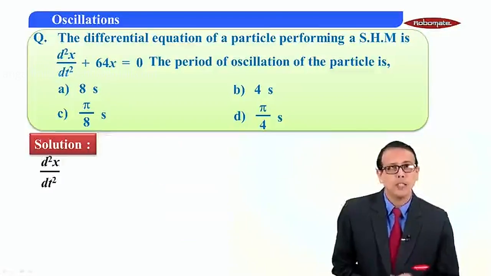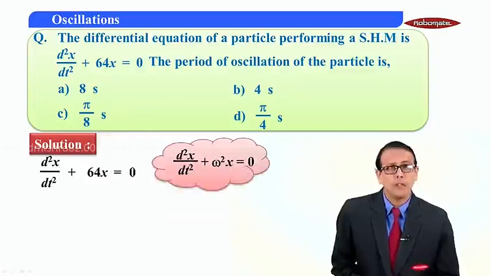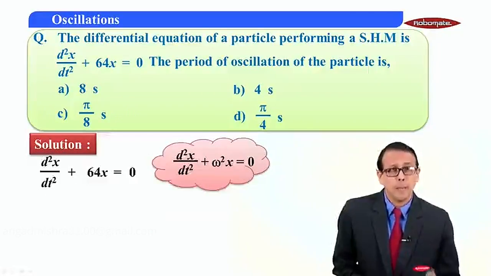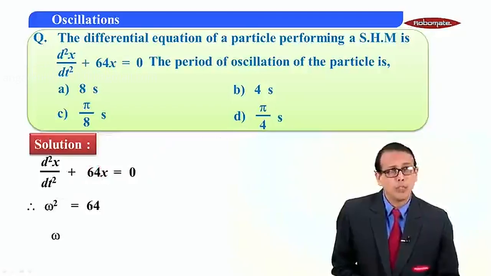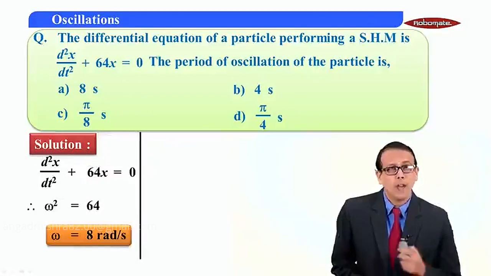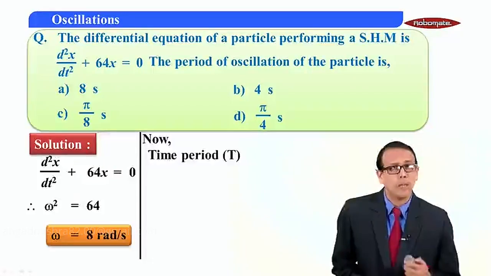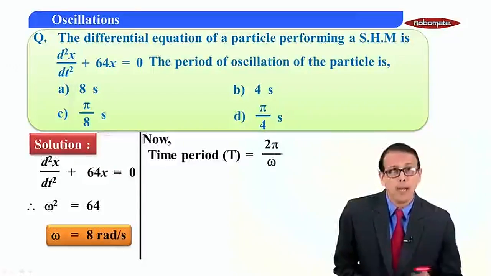So the solution starts. The given differential equation is d square x by dt square plus 64x is equal to 0. And comparing with the standard form I get, yes, omega square is equal to 64. Taking root on both sides, I get omega as 8 radian per second and I have to find time period. As we know, time period is 2 pi by omega.